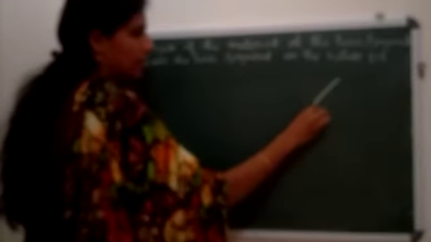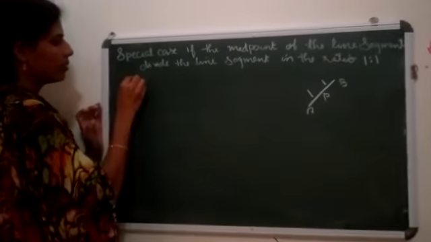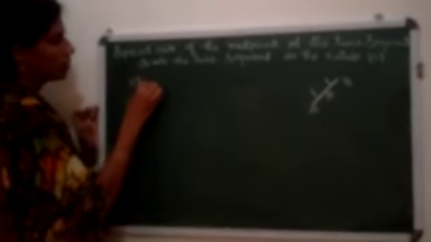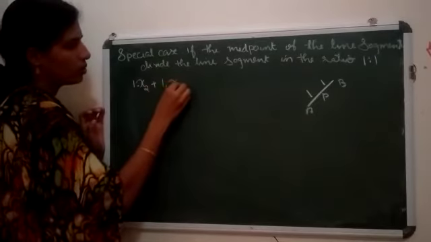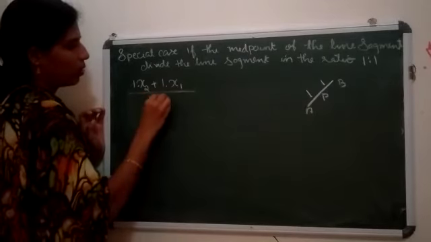Now listen, if the midpoint of the line segment divides the line segment in the ratio 1 is to 1, that is, if AB is the line segment and P is the midpoint, dividing in the ratio 1 is to 1, then our equation will be 1 into x2 plus 1 into x1 divided by 1 plus 1.